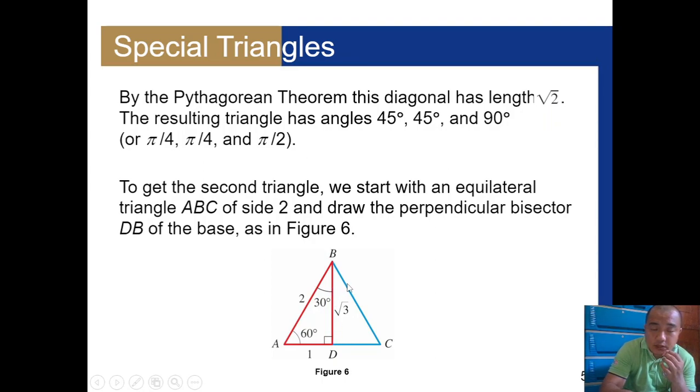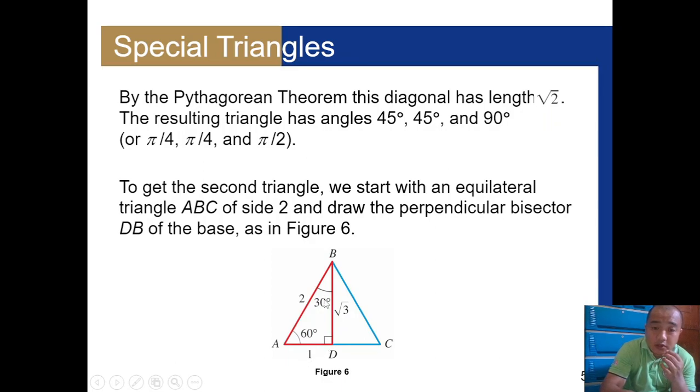Thus, if you bisect angle B, which is 60 degrees, so 30, still 60, and this is a right angle, forming a right triangle whose angles are 90, 30, and 60 degrees. And the sides are 1, 2, and square root of 3. So meaning to say, if the hypotenuse is 2, and therefore the side opposite the 30 degree angle is 1/2 of 2, so 1.